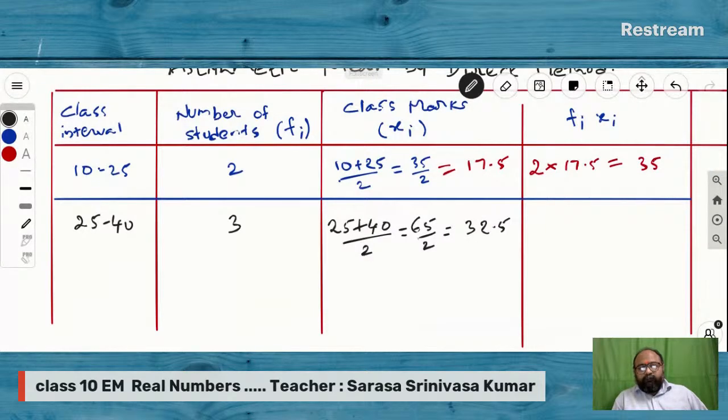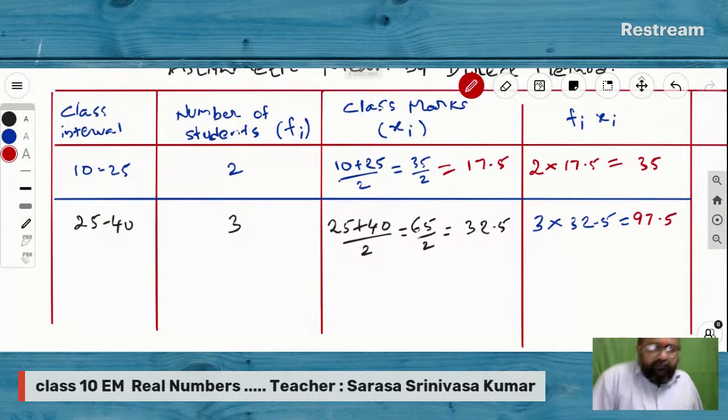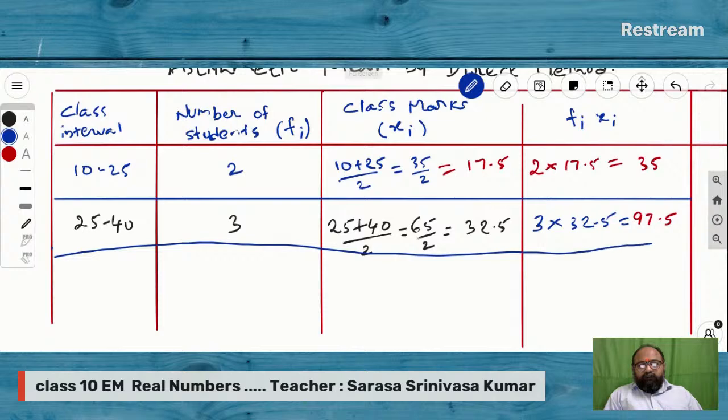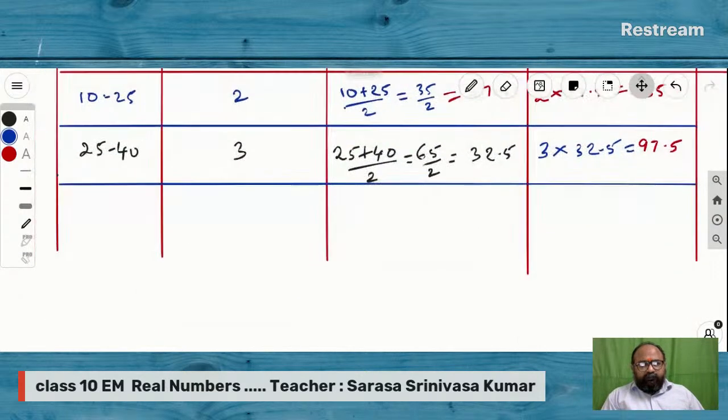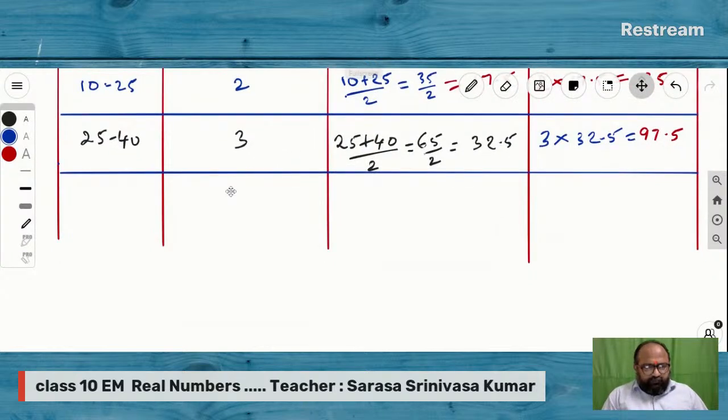Now we get the next column, 3 multiplied by 32.5. This is equal to 97.5. Students must understand this simplification part. That is why I am writing all simplification steps here. Without simplification steps, it may sometimes be difficult for some students.